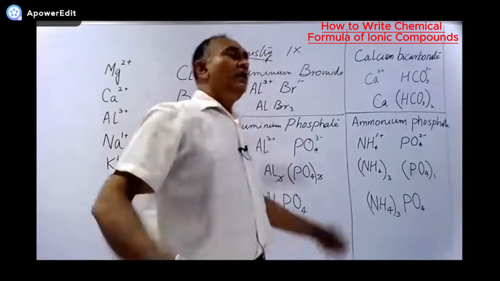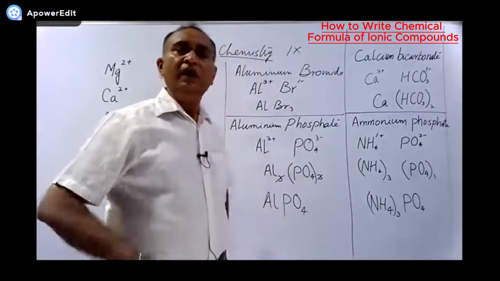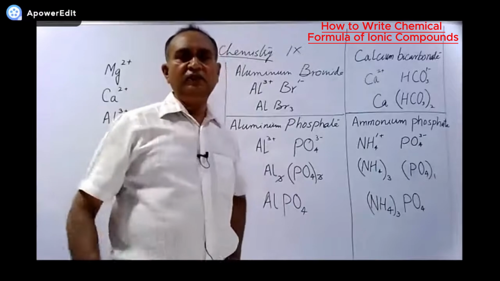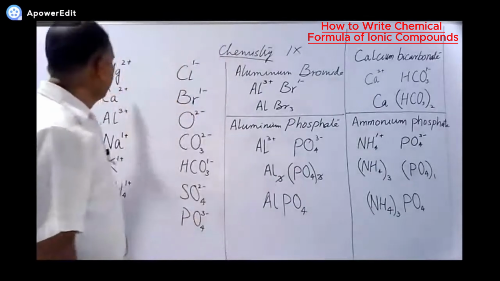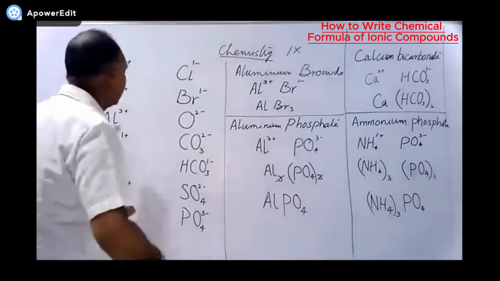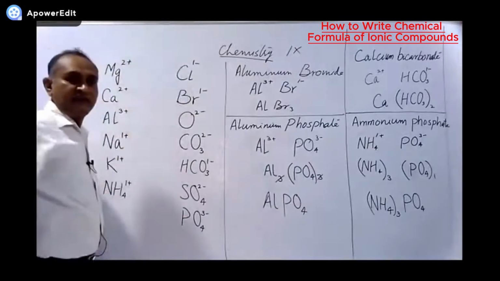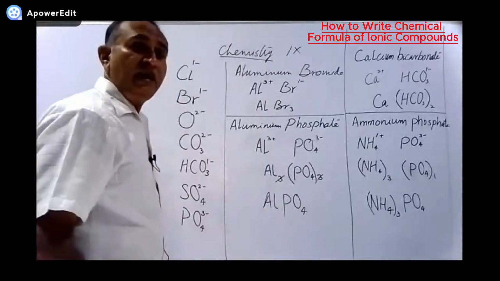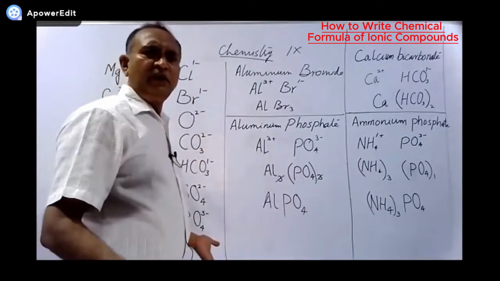Okay? So for practice, on a slide, you will take the screenshot afterwards. You will see a list of, not exactly this one, but like this. Some cations, some anions. It is just for your practice, but I call it assignment number 11.